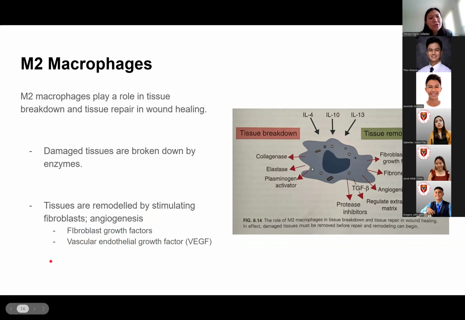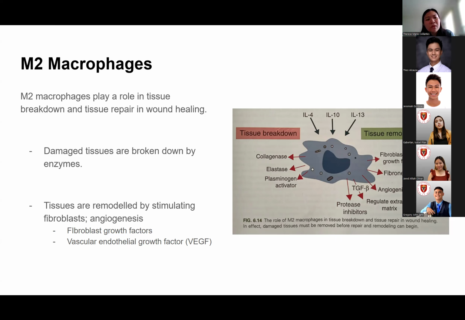We mentioned that the M2 macrophages are reprogrammed from the M1 macrophages. So an M1 macrophage can shift into an M2 macrophage, given certain conditions.